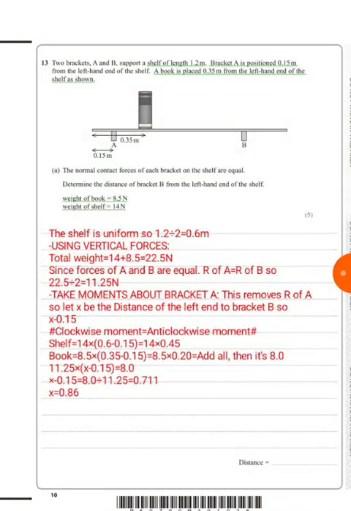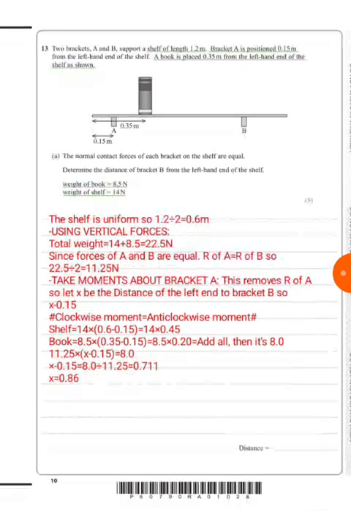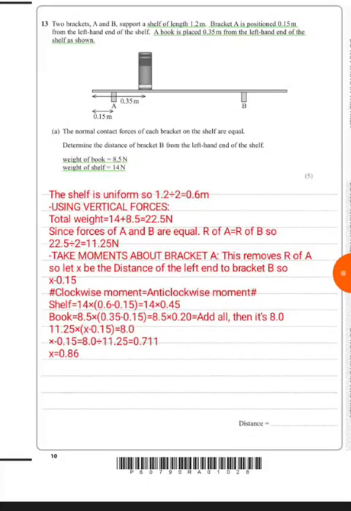Then we apply the same principle: 11.25, which is the force at B, we multiply by X minus 0.15. X is the unknown distance of bracket B to the left end.